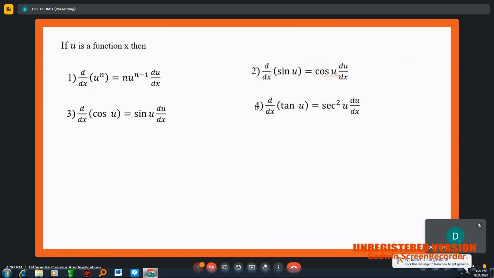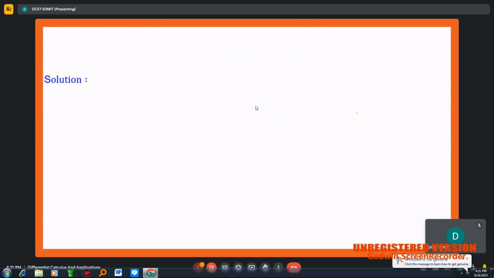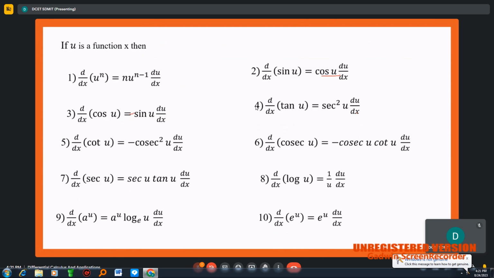Same way we are defining other standard functions also. That is cos u, differentiation is minus sin u into du by dx. Differentiation of tan u with respect to x is secant square u, u is a function of x variable, means into du by dx. These all are the standard functions by using the chain rule. Okay.